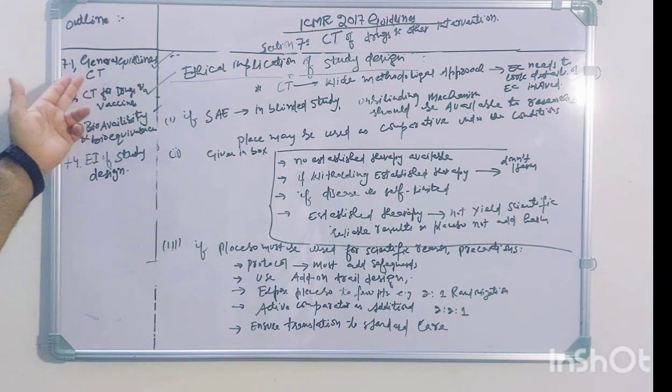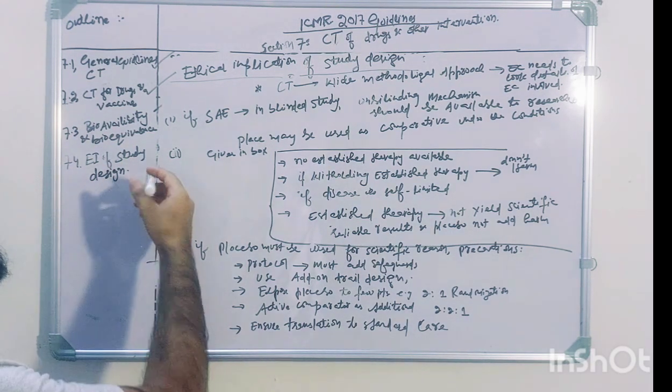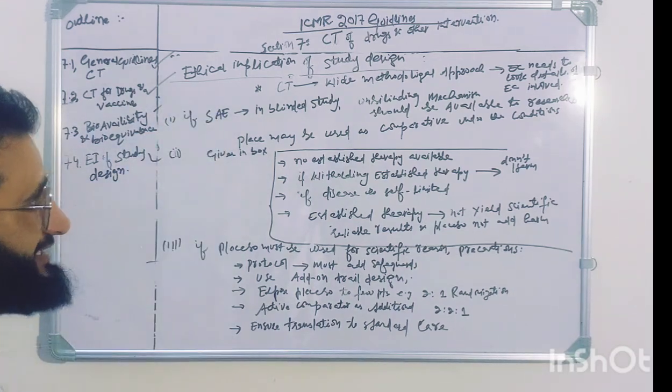First is general guidelines, where they mention the definition of clinical trials and guidelines for carrying them out. The second topic is clinical trials for drug and vaccine development. The third, which we discussed for a while today, is bioavailability and bioequivalence. And the fourth is the ethical implication of the study design.